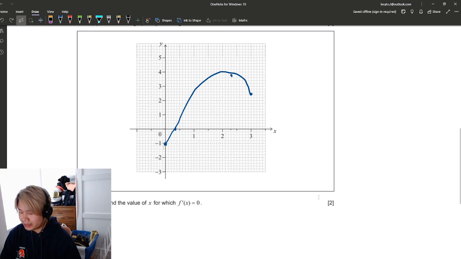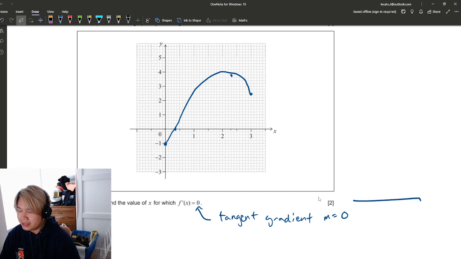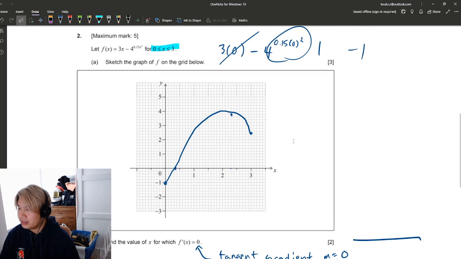Okay, next up. Find the value for which the derivative of your function is 0. So if you guys forget, this is our tangent gradient. So if your tangent gradient is 0, then that means that your tangent line is horizontal. And that is going to happen at the maximum point, which I kind of drew poorly, but right there.